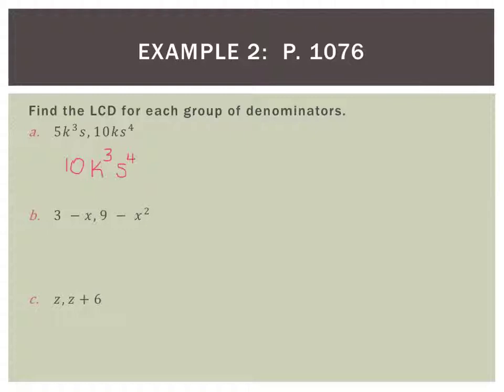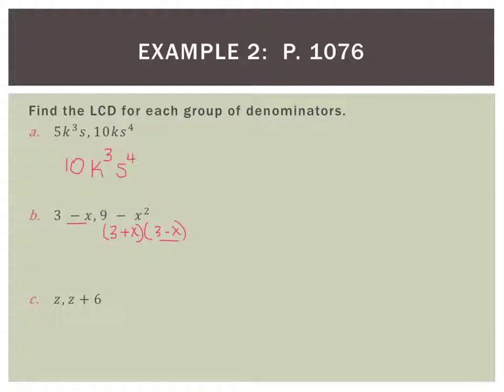Alright, so B, I have 3 minus x and 9 minus x squared. So remember, step 1 was to factor it. So this is a difference of two squares. So this is going to be 3 plus x, 3 minus x. Alright, so they both have a 3 minus x. So that part is common.